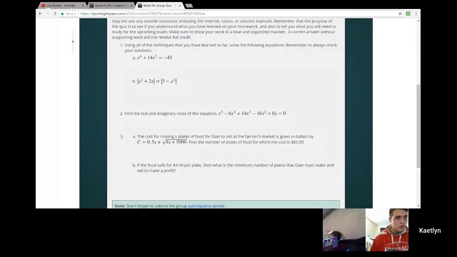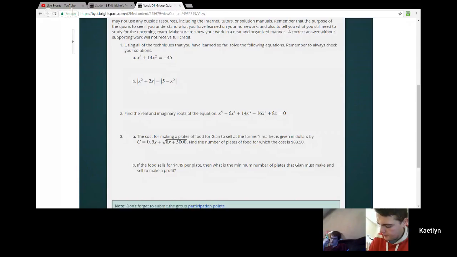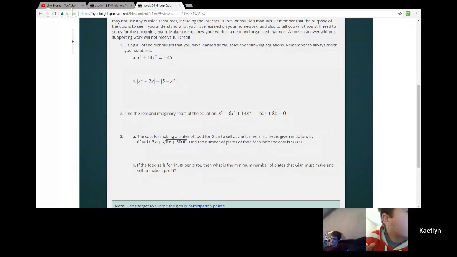It'd be 2, 10, 12. No, this one doesn't. Which one's 5th? The negative 5 halves works, but the positive doesn't. So negative 5? Okay. So 5 halves and negative 5 halves.